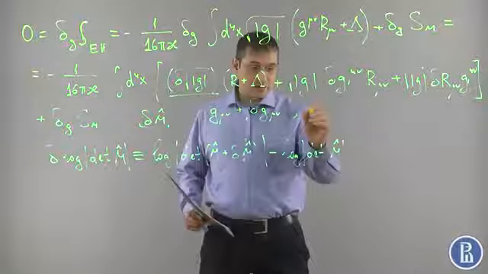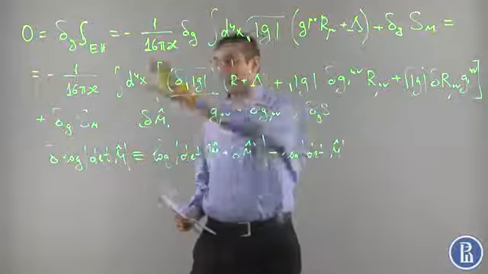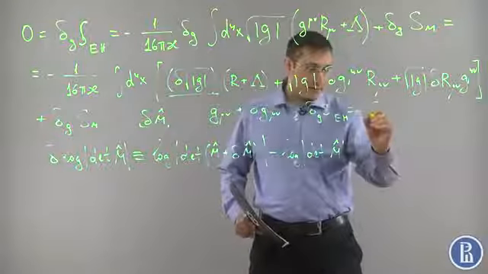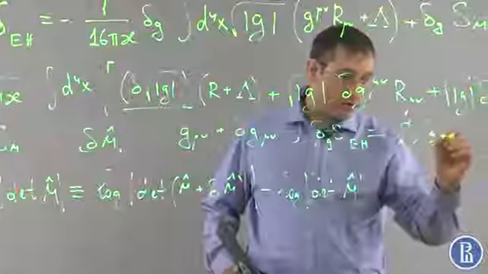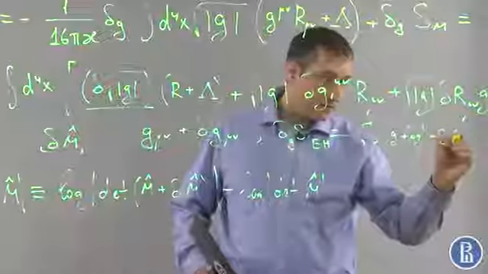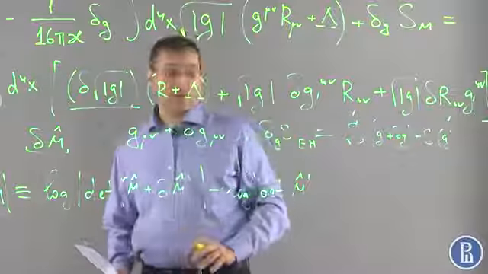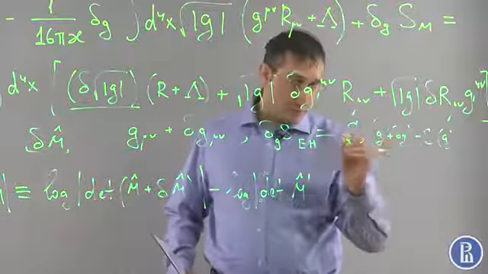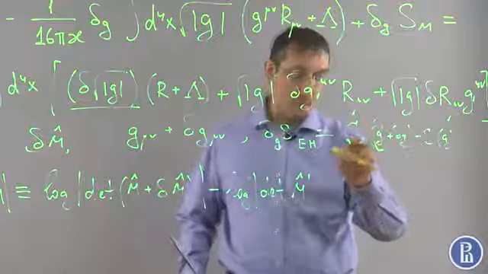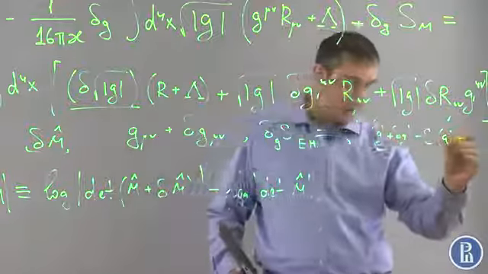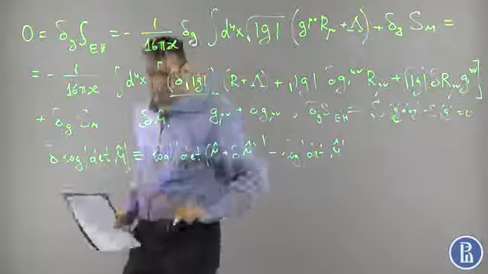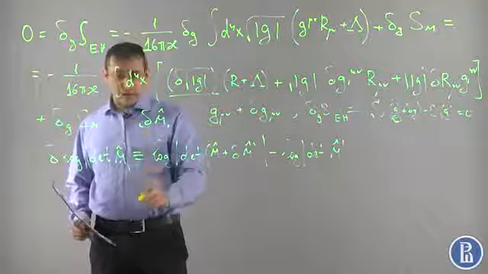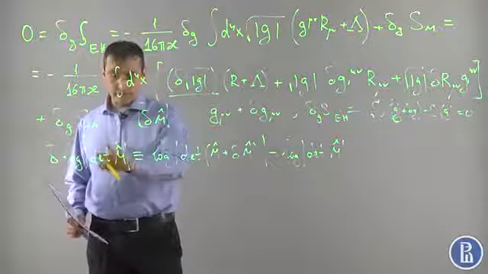Then the variation of the full action, the Einstein-Hilbert action, is just the difference S of g plus delta g minus S of g. And if we are in the vicinity of the critical point, a metric that minimizes the action, this variation is equal to 0.